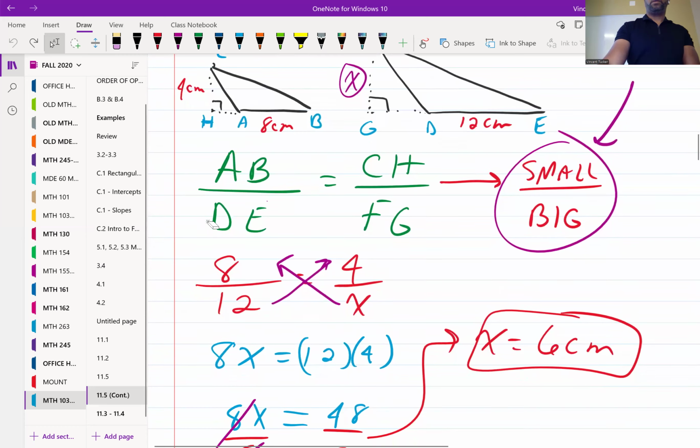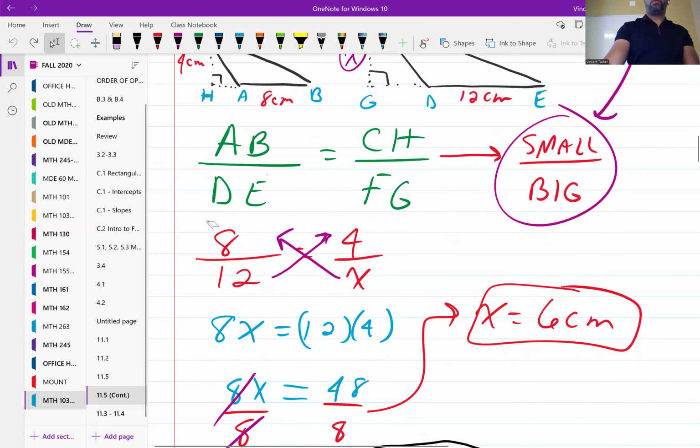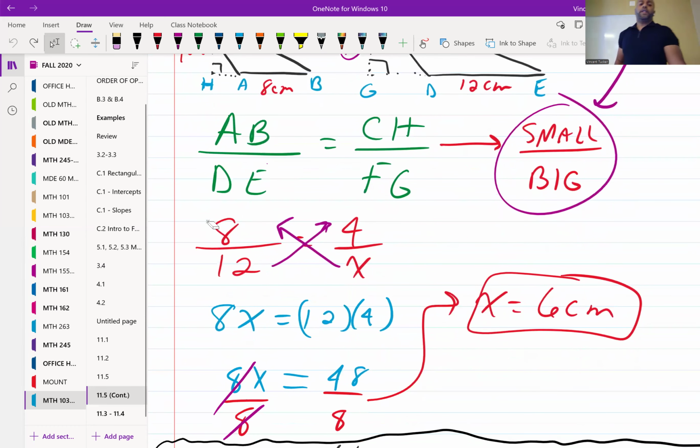Anybody holding on to the triangles? All right. Then divide both sides by 8, because we had 8X equal to 48. That finishes off the problem with X equal to 6.